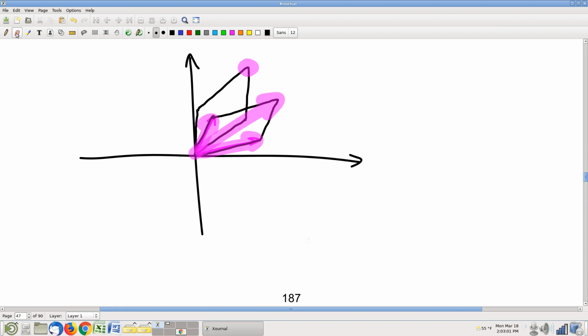Whereas, if I were to instead rotate the vectors first, and then add, I get the same point. So the argument here is just an appeal to geometry.